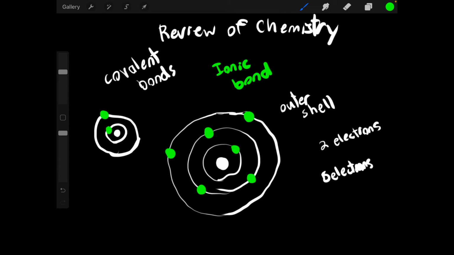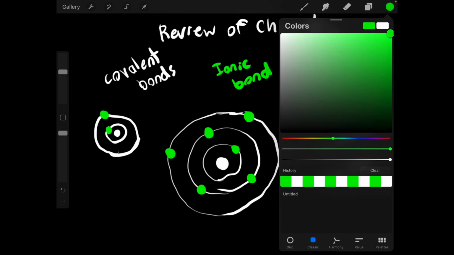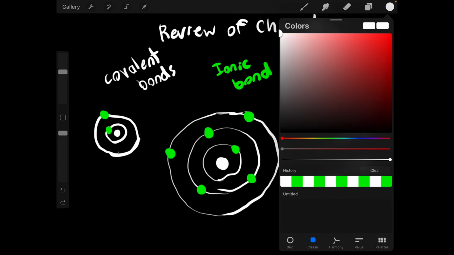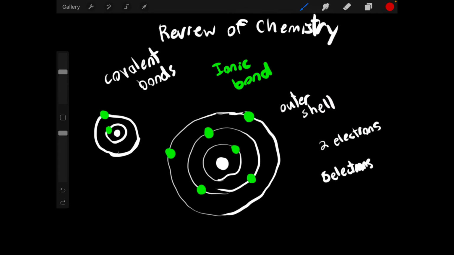It seems so easy to do, but now we realize that there is, in the nucleus, this white thing, the nucleus, let's do a different color. There are protons, and protons always equal the amount of electrons there are. So let's see, 1, 2, 3, 4, 5. There were 5 protons in this atom, but now our atom took an electron from this one.